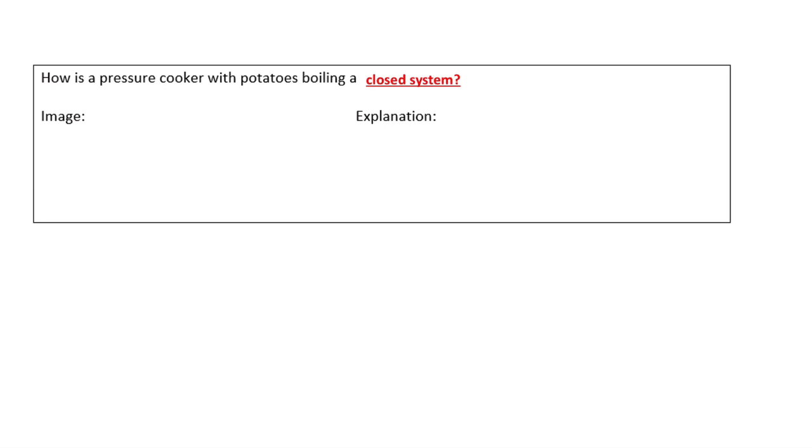Okay, in our closed system, we again have a pot, and again, excuse my awful drawings. We've got some kind of lid on this, and then our handle. Because we have the lid on, it's trapping any water vapor, but heat is still escaping.